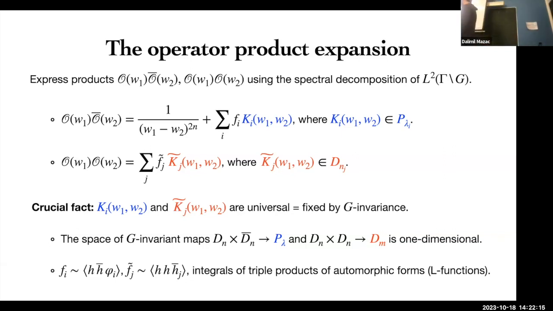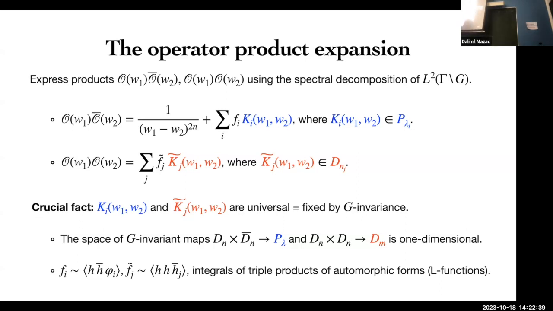And the crucial fact is that the contribution of a given irreducible representation in the sum is completely fixed by PSO(2,R) invariance. Just like in a CFT, the OPE is fixed by conformal invariance up to some OPE coefficients, which are these numbers F and F twiddle. And this just comes from some kind of rigidity properties of these maps.